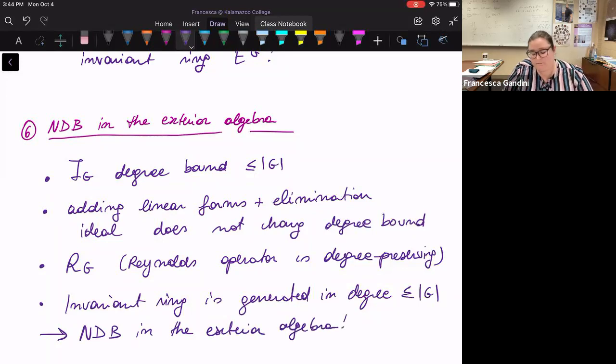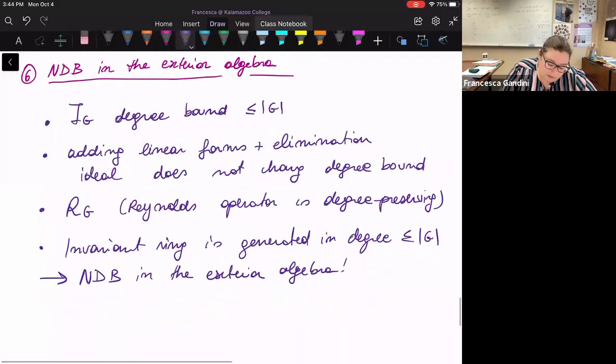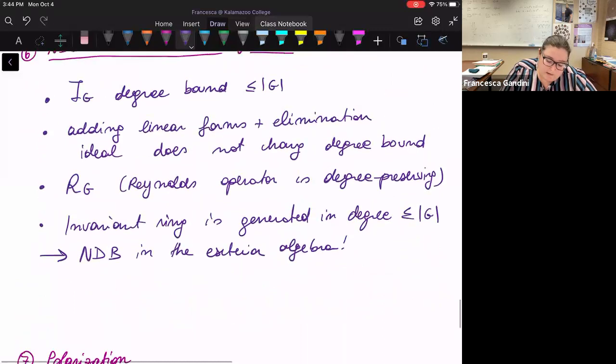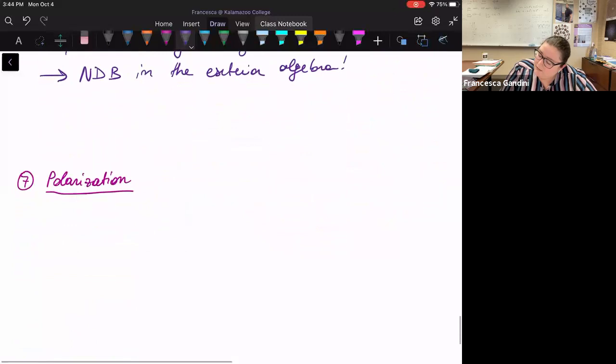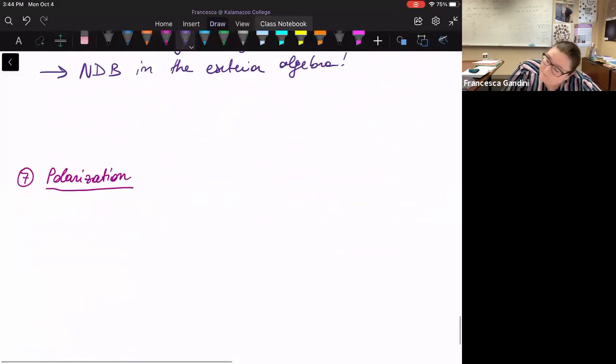And you would think that maybe the Noether degree bound is true in general, right, for any non-commutative ring. And that's actually not true. I'm going to tell you a couple of things to wrap up here. So if you look at this algebra, but not the exterior algebra, so we allow for skew commutativity, but not the squares.